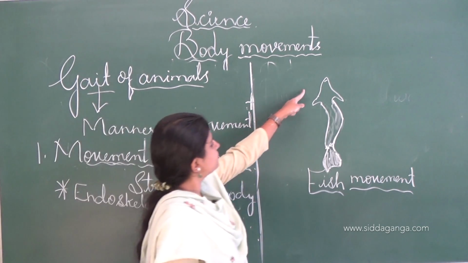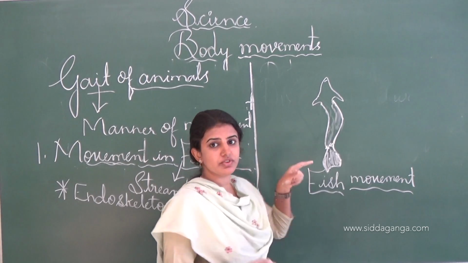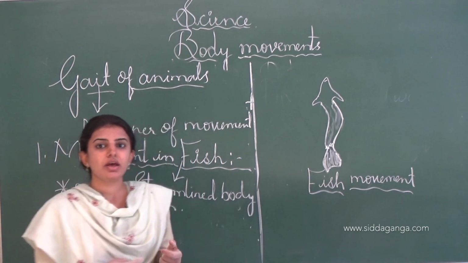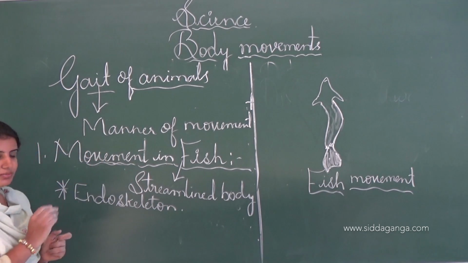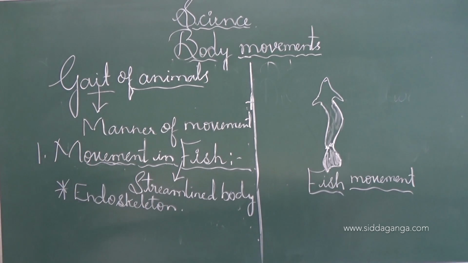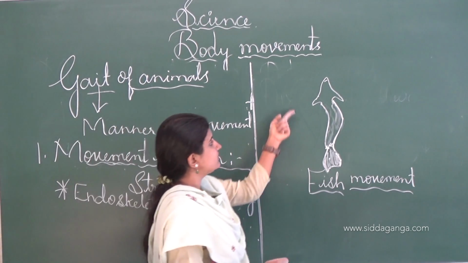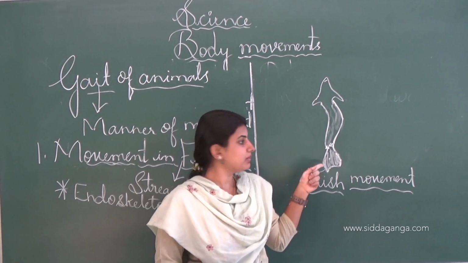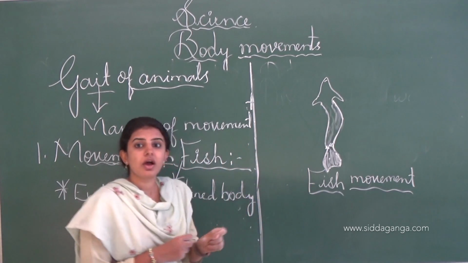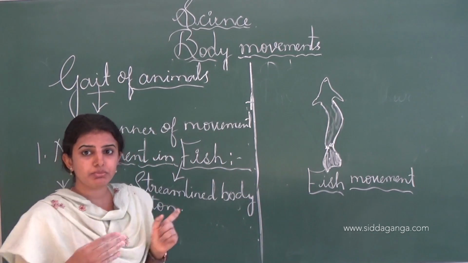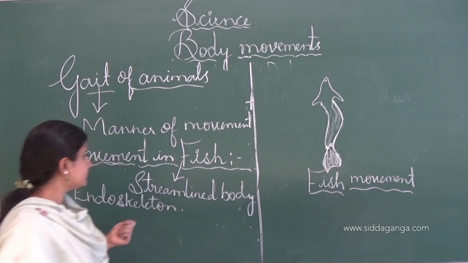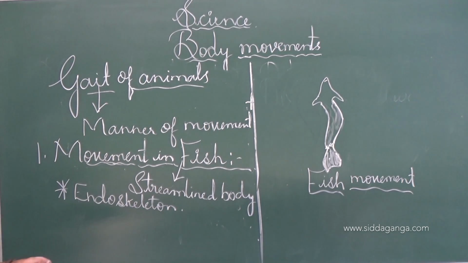It forms a curved position, which creates the jerk and pushes it forward in the water. Like that, it moves in a curved position, and thereby the tail moves in the opposite direction. If the front part moves in a curved position, the tail moves the opposite way, so that it moves in a particular direction. Like that, the movements take place in fishes, helping it move forward.